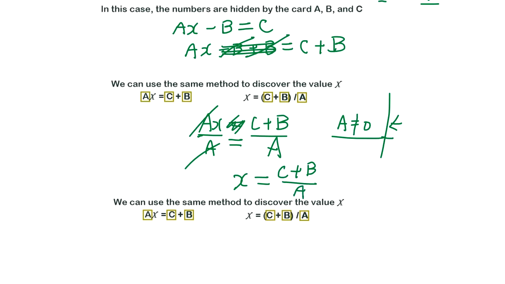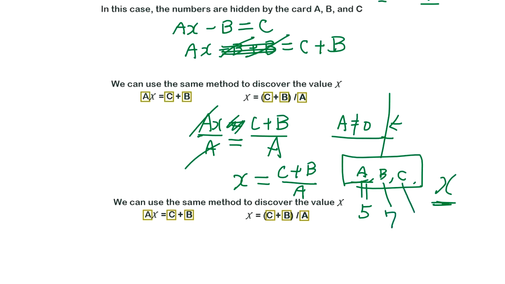So as soon as you give me the values of a, b, c, I give you the unknown value x, the one you want to know. Fair? Sure. So if a is 5, b is 7, and c is 9, then x is simply 9 minus 7 over 5.